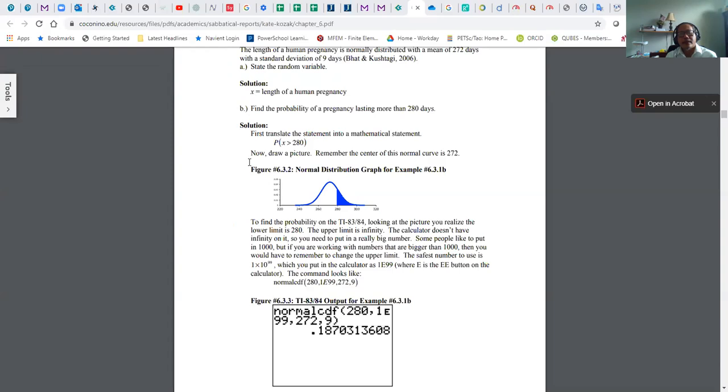And then this one should be less than, because in Excel, the function for the normal distribution actually looks for the area on the left. So if you're looking for the area on the right, you have to subtract from 1. Because remember, the area under the curve equals 1, right?